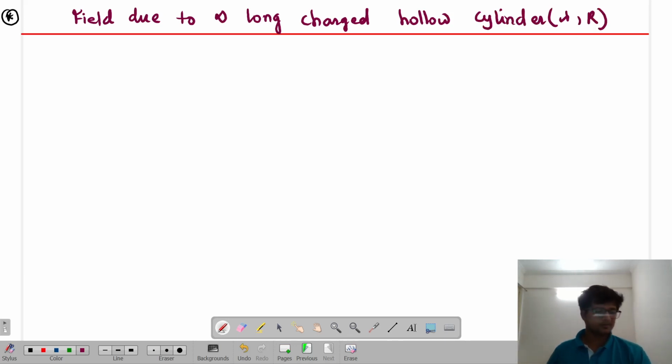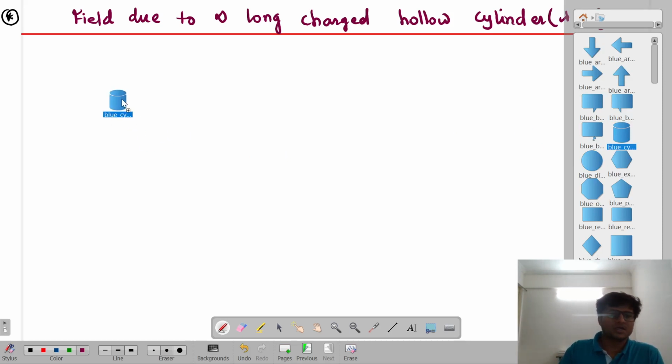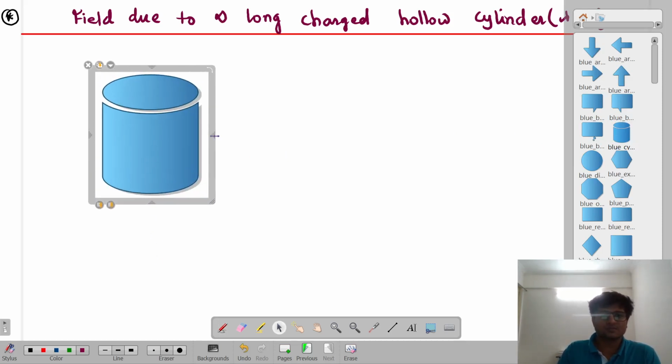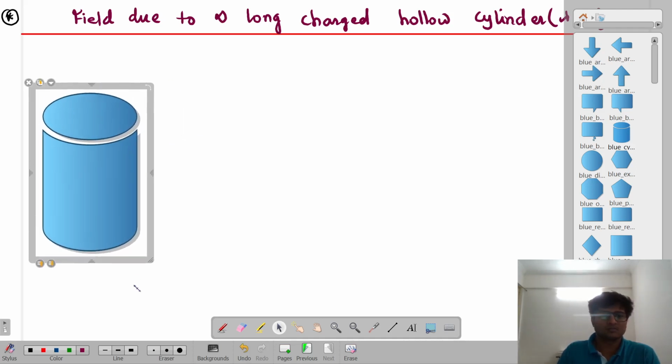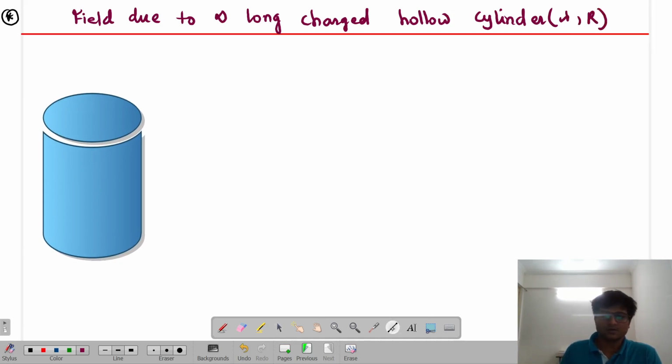Are you able to get me? So we have an infinitely long cylinder of some charge density lambda and radius R, and we want to find the electric field in all these cases. So let us see how to do all these things. Look over here, it has some radius R and it is going till infinity.